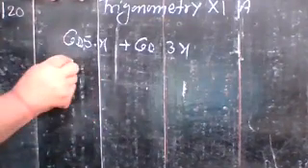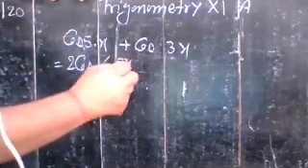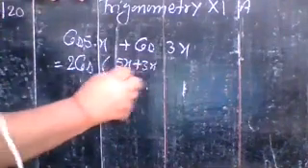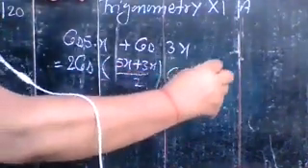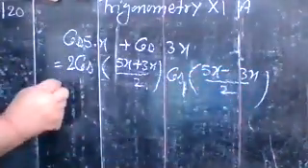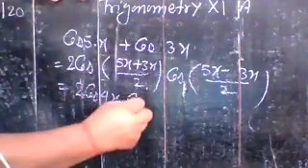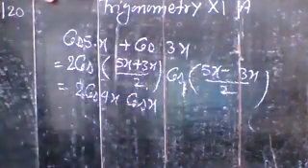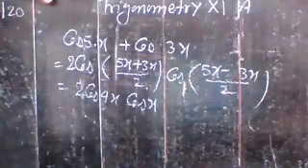So 2 cos of 5x plus 3x by 2 into cos of 5x minus 3x by 2, and simplifying, you have 2 cos 4x and here you have cos x. So your answer is 2 cos 4x into cos x.